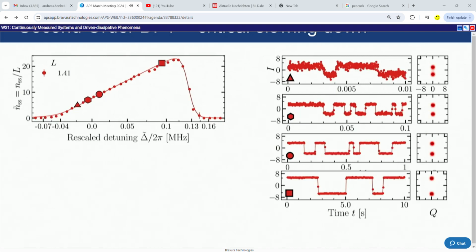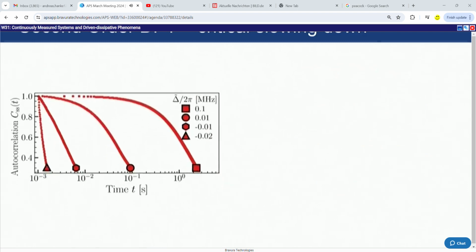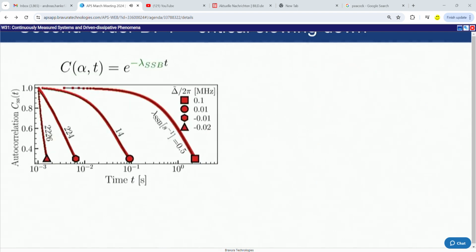And we can actually extract this time by taking the trajectory and calculating the autocorrelation function, which is shown here, and again fitting these functions with some exponential. So the coefficient of the exponential gives us information about this switching rate from alpha to minus alpha.